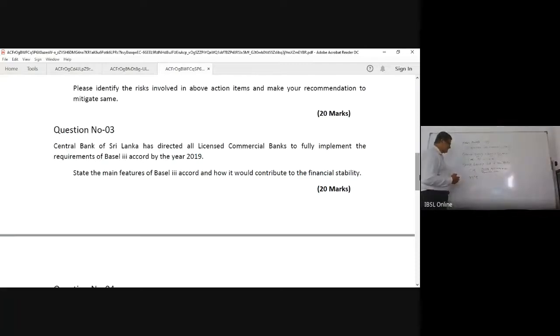But I will tell you, net stable funding ratio is stable funds divided by net cash outflows.